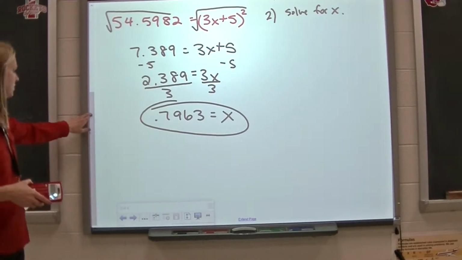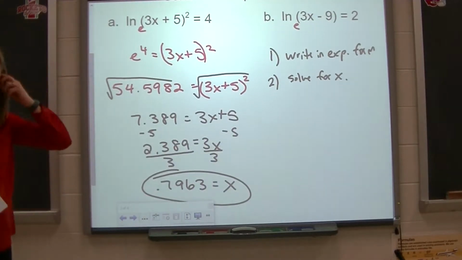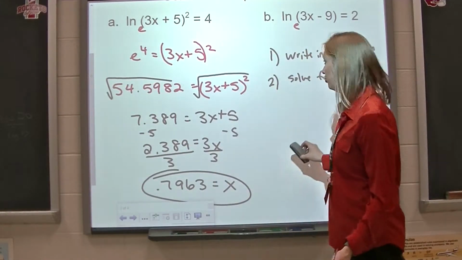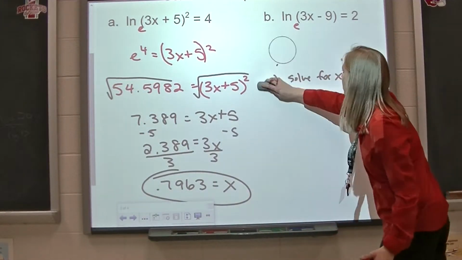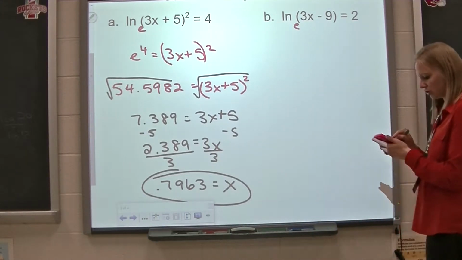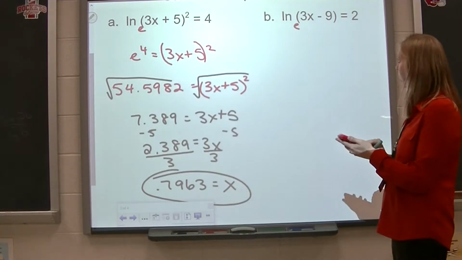And so then we would follow those same steps here. Why don't you pause the video and try this one and write it down in your notebook, and then check your answer in the end, and if you don't get it right, I will address it tomorrow.